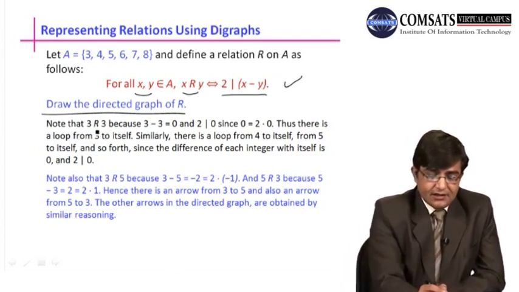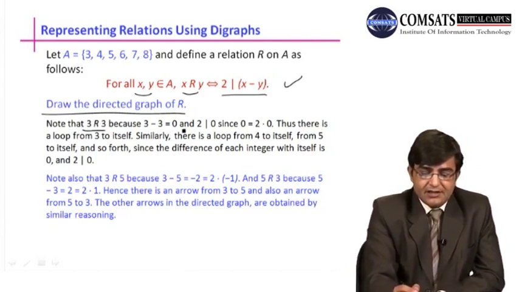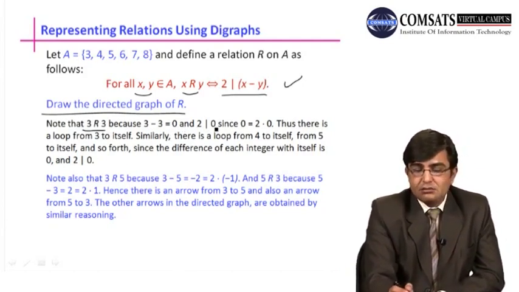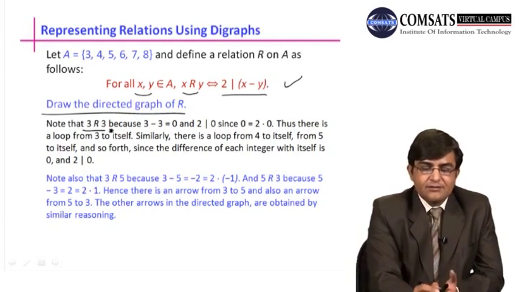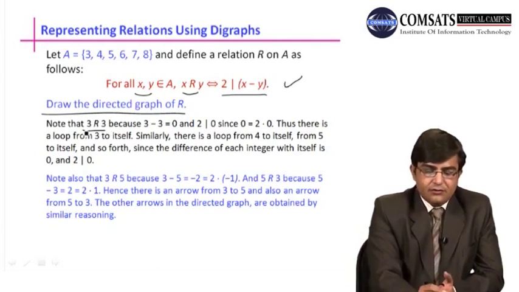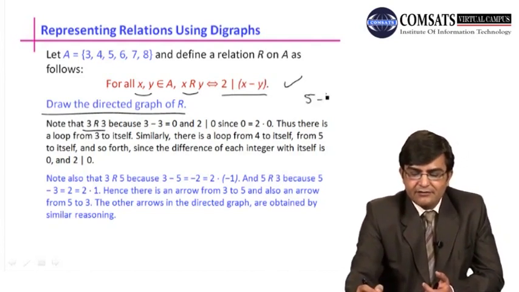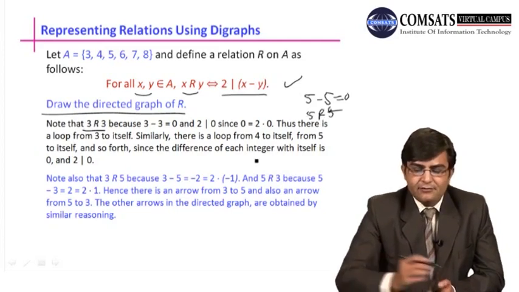First, 3 is related to 3 because 3 minus 3 is 0 and 2 divides 0. Similarly, 4 minus 4 is 0, therefore 4 is related to 4. 5 minus 5 is 0, therefore 5 is related to 5.